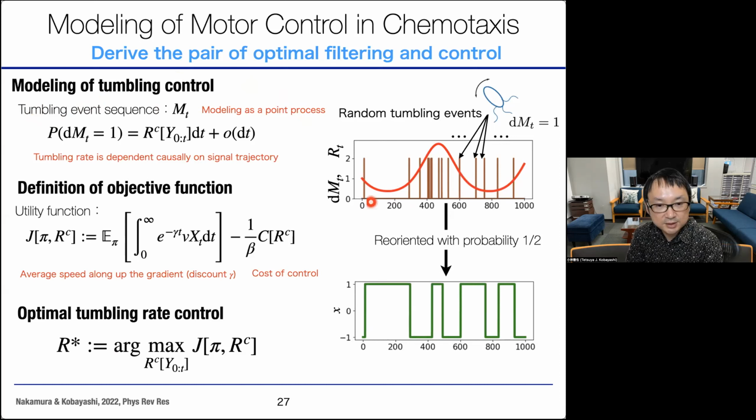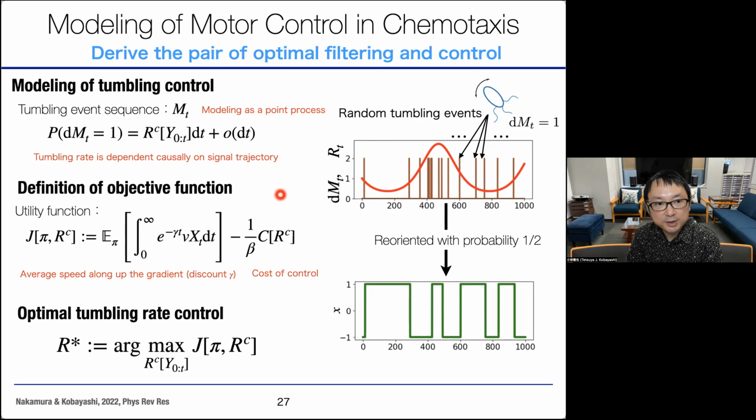So this spikes the tumbling event, and we suppose that the cell can modulate the frequency of the occurrence of these events. So this R is the frequency. And our assumption is that this frequency should be a function of the whole trajectory of the sensory signal. So this is a very general setup theoretically. The cell can use any kind of information obtained by the sensory system in the past to modulate its tumbling frequency.